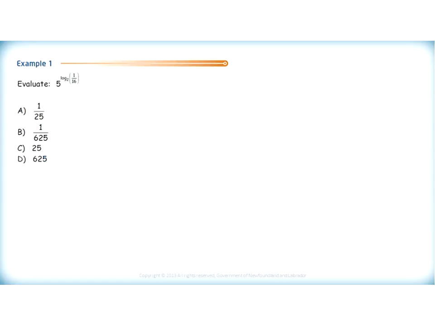Let's continue. Here we are asked to evaluate 5 raised to the power of the log of 1/16 to base 2. In order to answer this question, we need to do a little bit of work with the exponent.